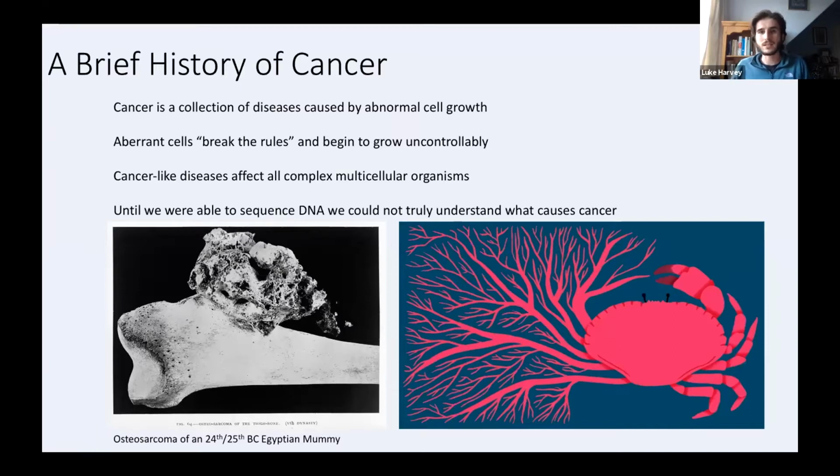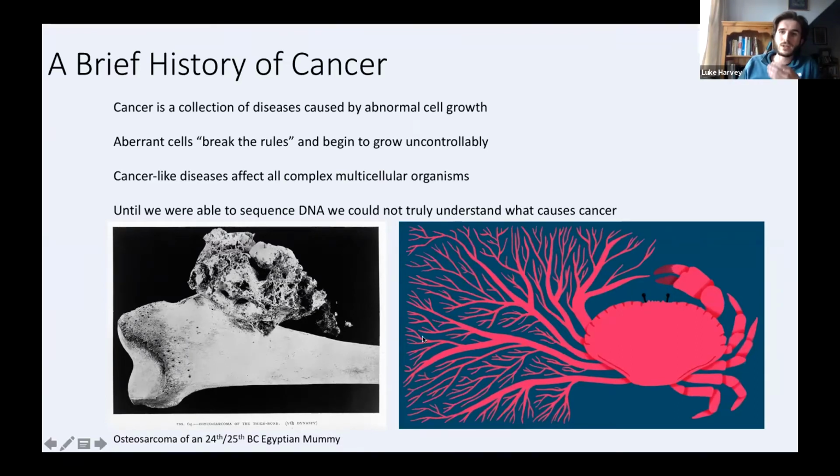We see diseases like this in all complex multicellular organisms, and they've affected us for as long as we have been humans, and for as long as we have been anything except single cells. If you look on the screen, you should be able to see a picture of a bony tumor growing out from a leg. This is from an Egyptian mummy from the 24th century BC. So even mummies had cancer.